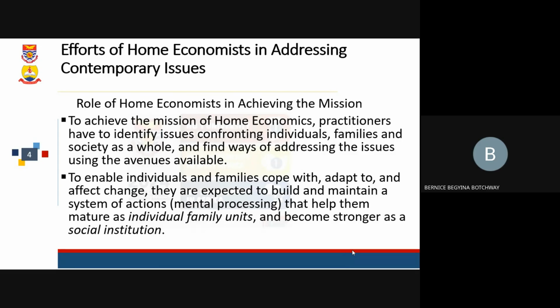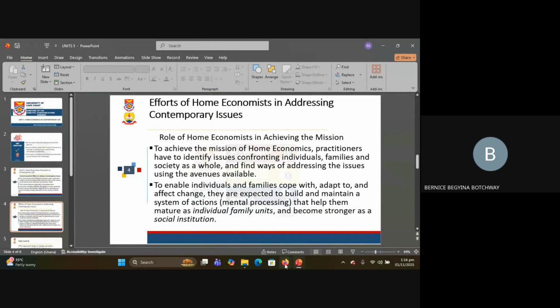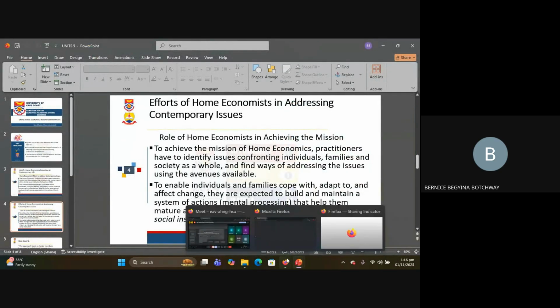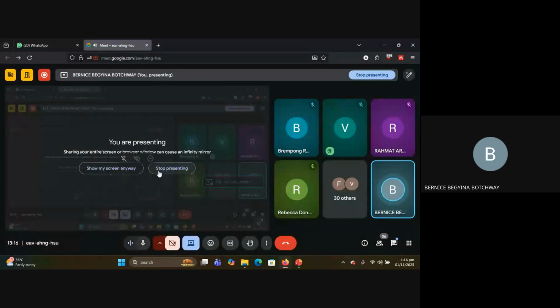It can be that small society or the big one. It can be a global issue. So what are some of the issues that we are facing in this current world that we are living in? Madam Vida.